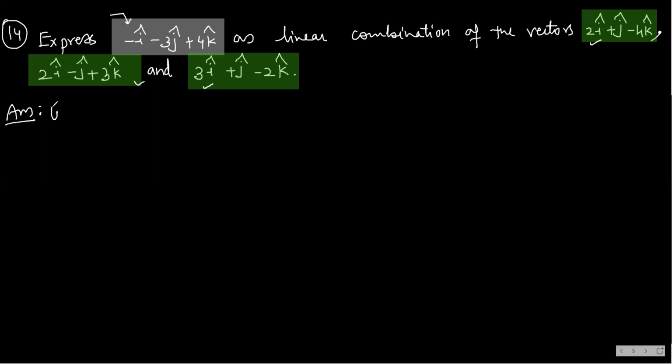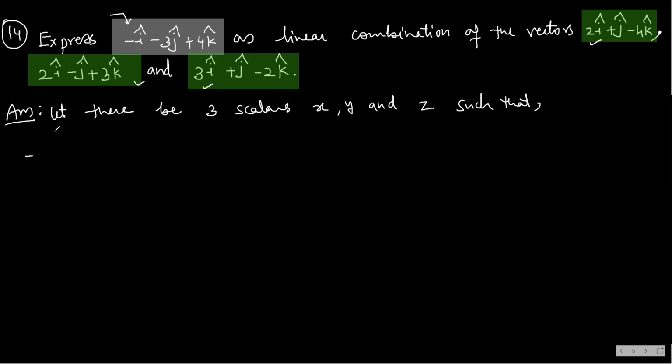Okay, I will write: let there be three scalars x, y and z such that, see, on the left I will write all alone this vector, minus i cap minus 3j cap plus 4k cap equals x times this vector plus y times the second vector plus z times the third vector.